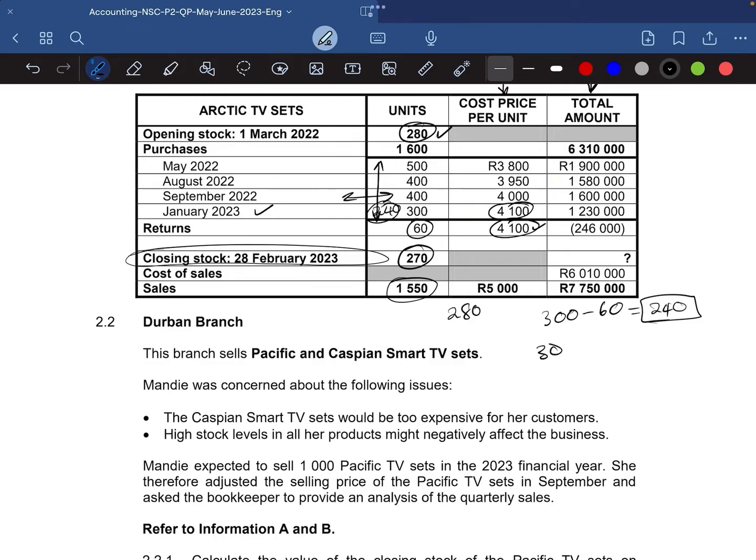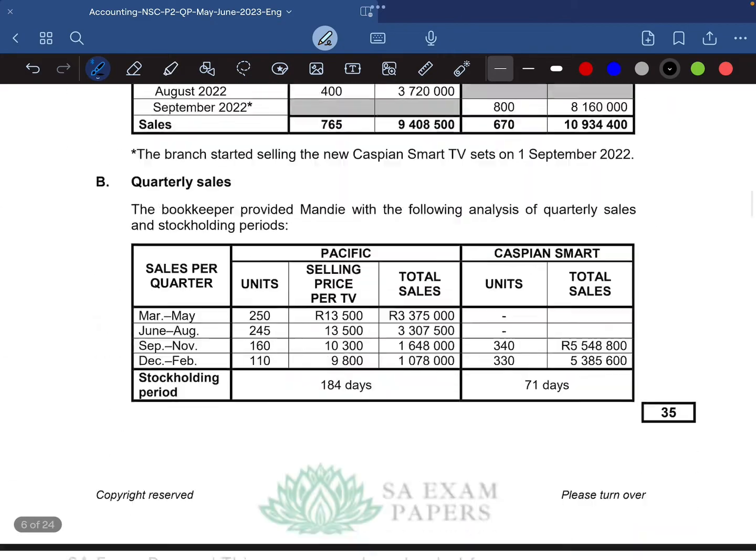So that means we had 30 that was taken in the September batch, which is 30 times 4,000 plus the 240 that was bought in Jan. So this is stock that's not sold. Okay, so that's 4,100, right? So that's our calculation there.